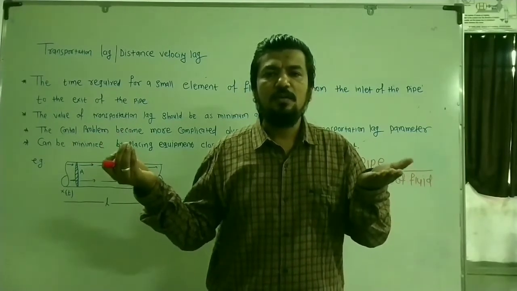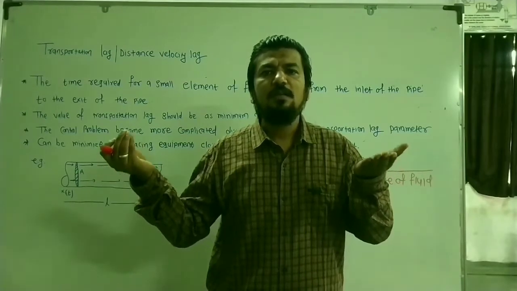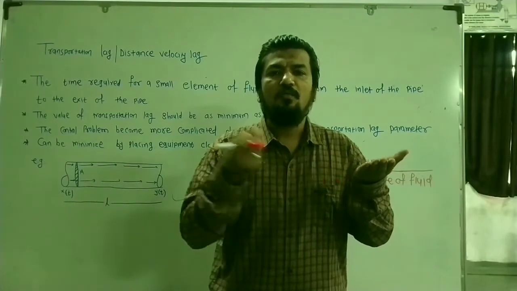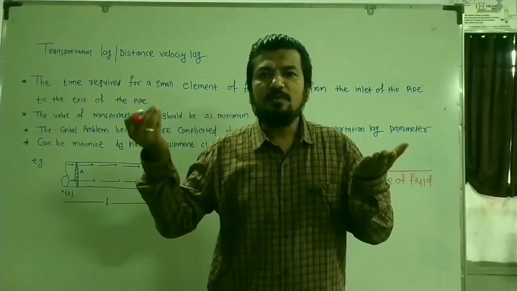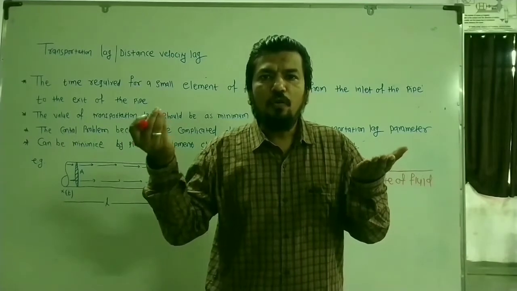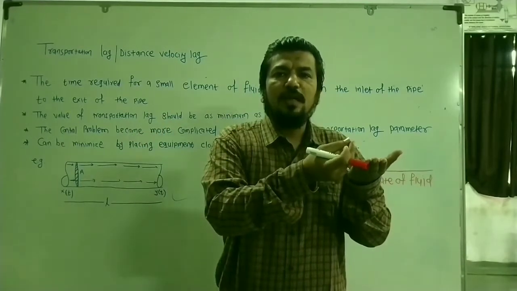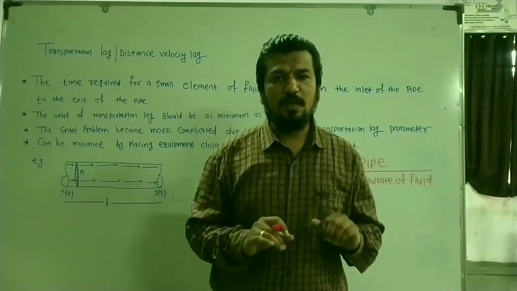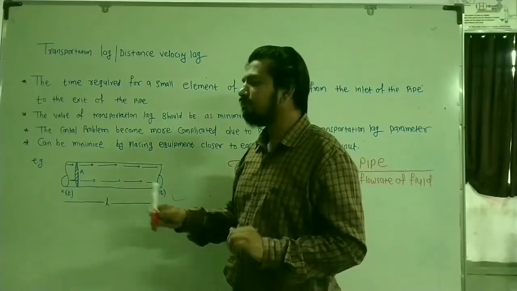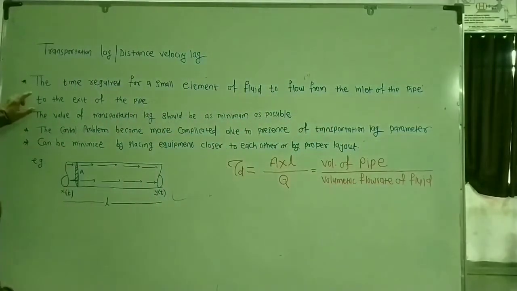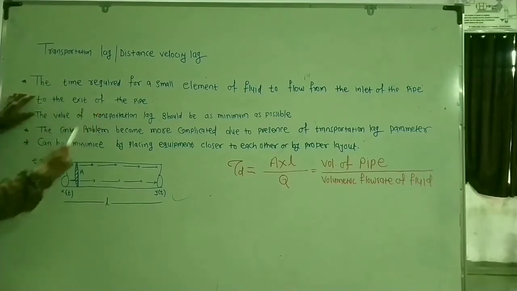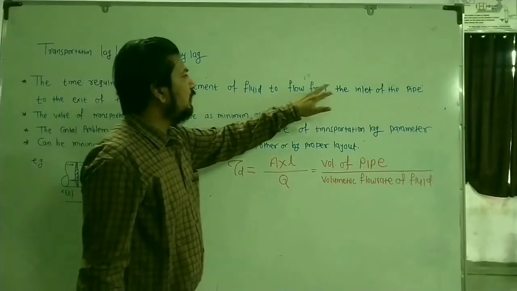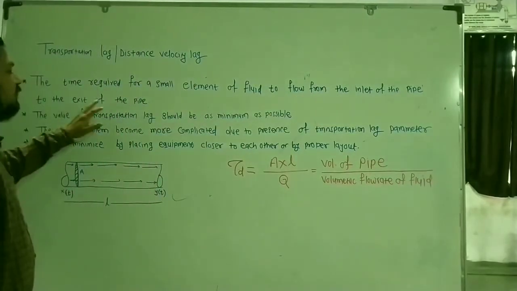And why does this occur? This is due to the factor that is called the transportation lag. And why is it occurring? Because it takes time for the fluid to flow from the inlet to the outlet so that the change in the temperature can be noticed. This is the simple example, but in terms of the definition, it is the time required for a small element of the fluid to flow from the inlet of the pipe to the exit of the pipe.